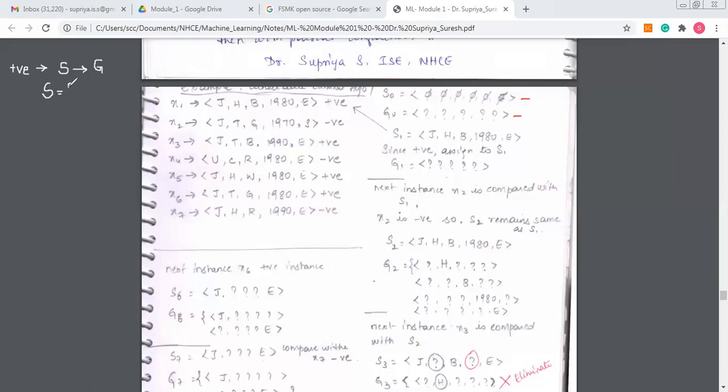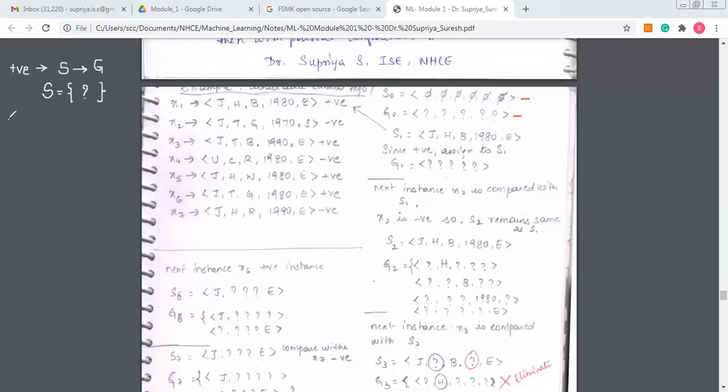If I find any difference in the values of the attributes, I will make that a question mark. So I'm going to generalize it. When I get a positive instance, I only handle the specific values, and if I get any change in the value, I generalize it. Which means specific to generic.